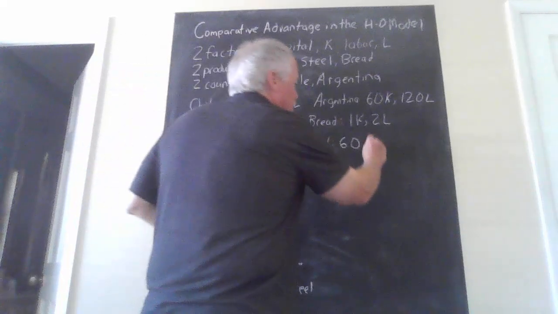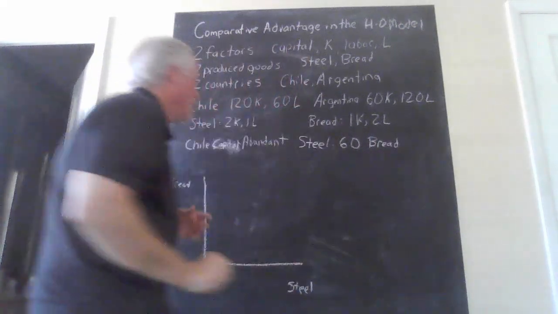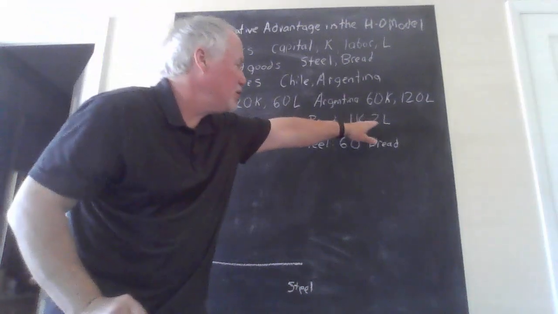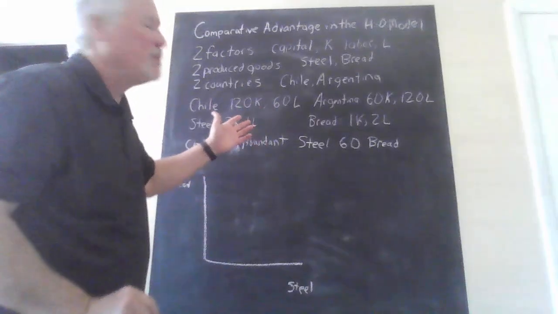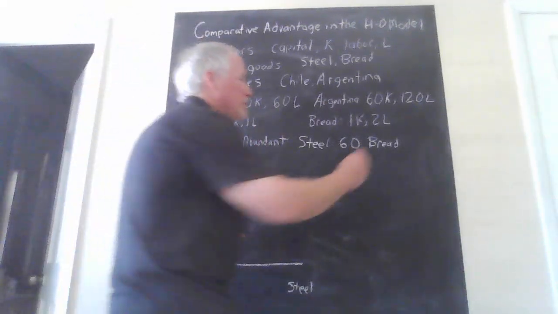But when it comes to bread, because bread uses 2 units of labor and 1 unit of capital, Chile is only going to be able to produce 30 units of bread.